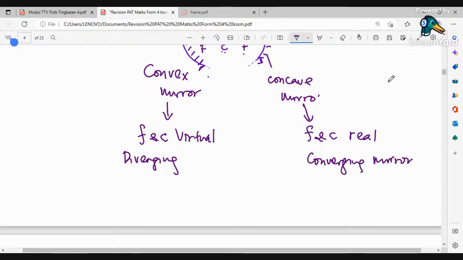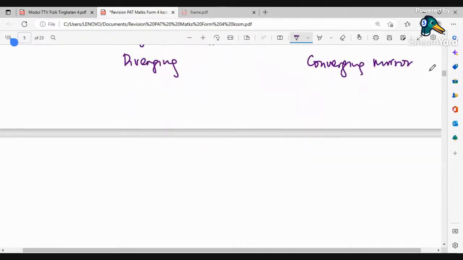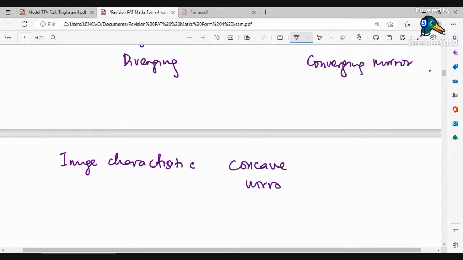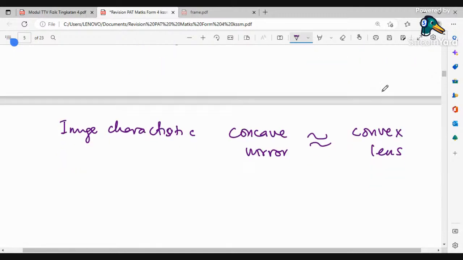So the properties of image form for concave mirror same as convex lens. Analog dia image form. Image characteristics. Kalau you compare mirror, dia adalah sama dengan convex lens. So you boleh hafal sekali.